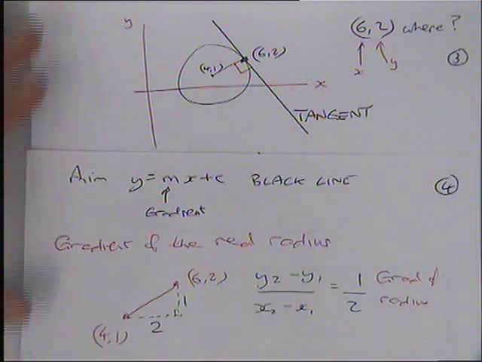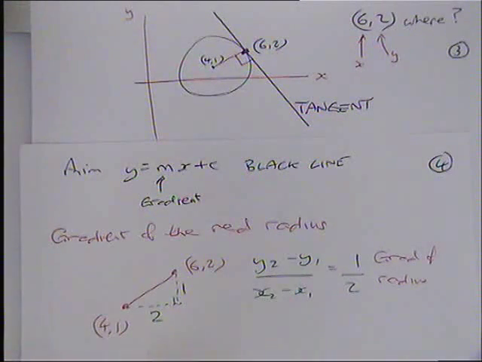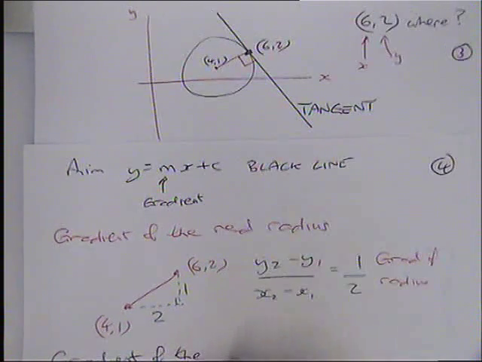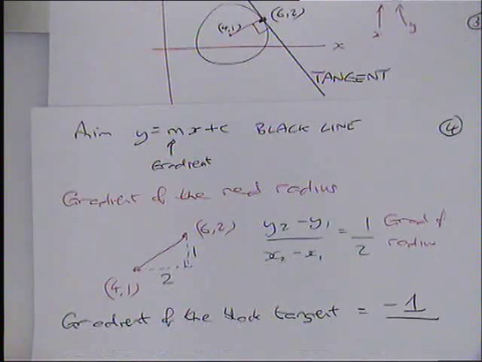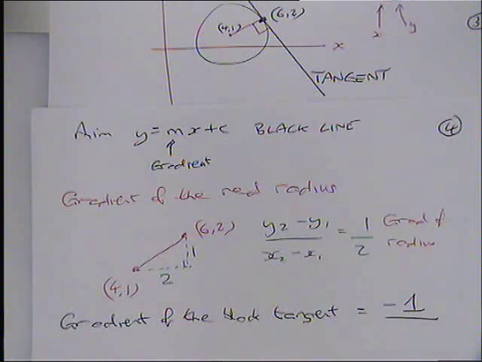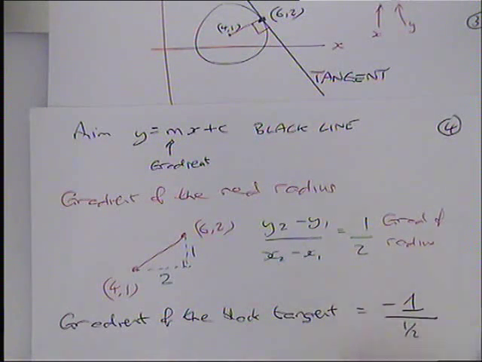So what can I do to that gradient of the radius to get the gradient of the black line? Gradient of the black tangent. Negative reciprocal. Yes. It is minus 1 over that number, because it's perpendicular. That's how you do perpendicular gradients.